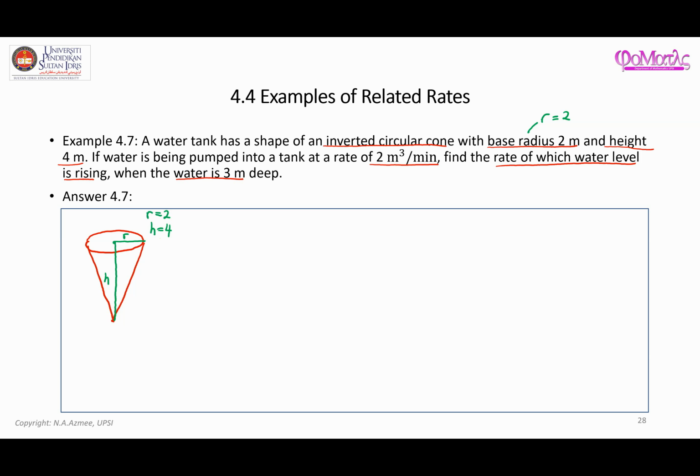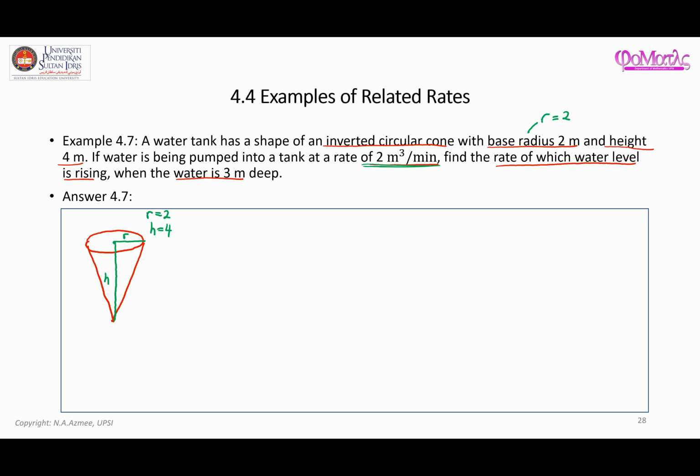Now, water is being pumped into the tank at a rate of 2 meters cubed per minute. This is actually the rate of change of volume, because when water is being pumped into the tank, the water is going to fill up the tank. That means you are measuring the volume of the water. So this is the change of volume with respect to time.